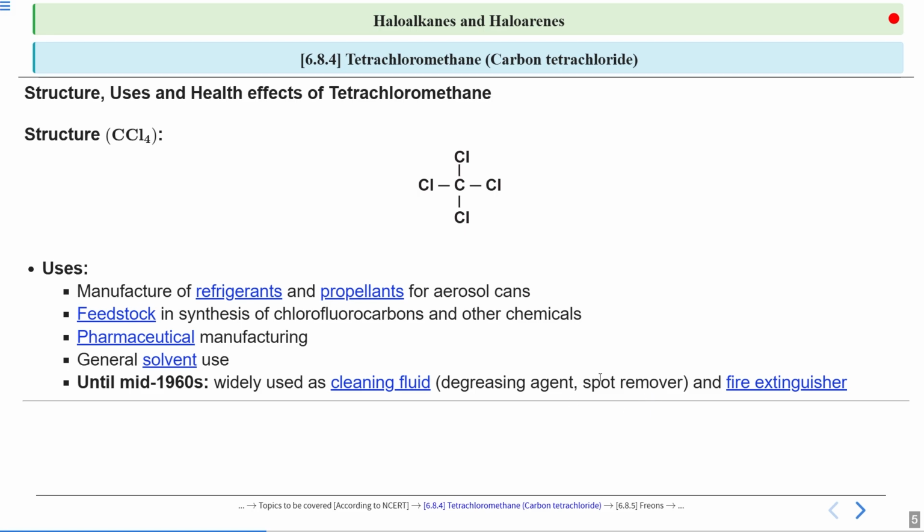The words are explaining everything. And carbon tetrachloride was also used as a fire extinguisher at that time. So these are the major uses of tetrachloromethane in today's time as well as in the past.